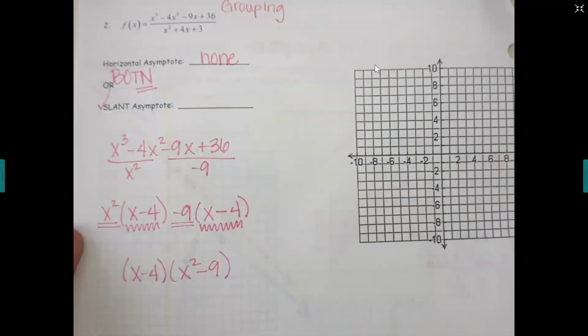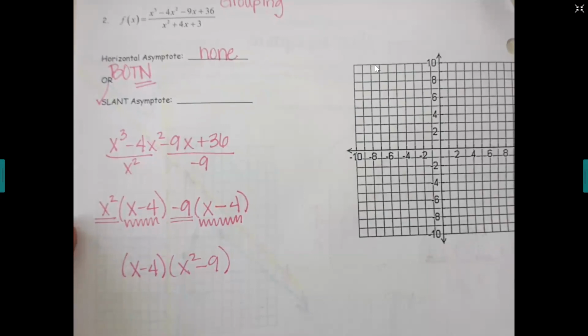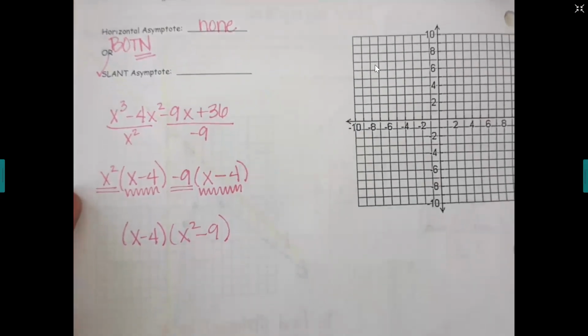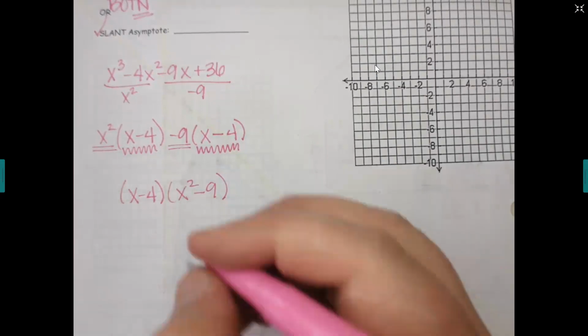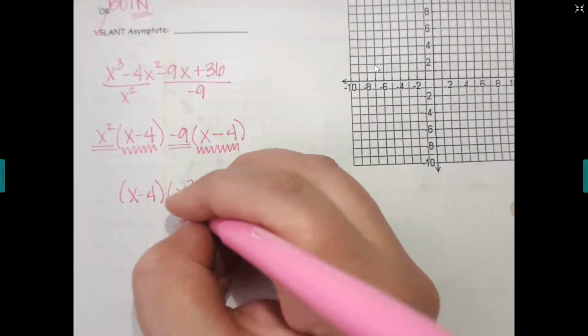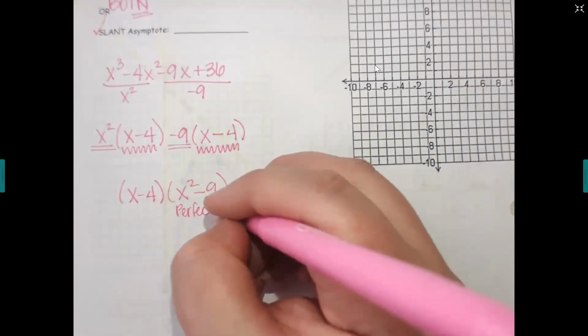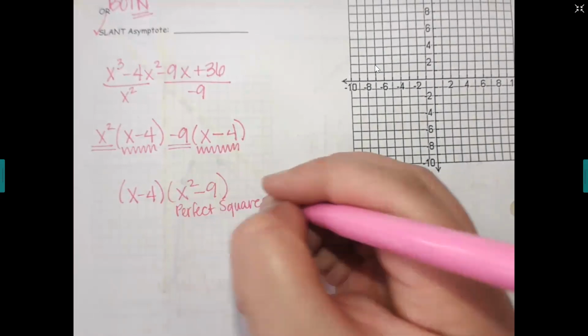Now, quick question before we move to the bottom. Is the top of that fully factored, or is there still one more thing we can do? Okay, we still need to do square roots on that x squared minus 9. Because remember, it has to be split up all the way. You know what I mean? So we're going to do perfect squares here. What is the square root of x squared?